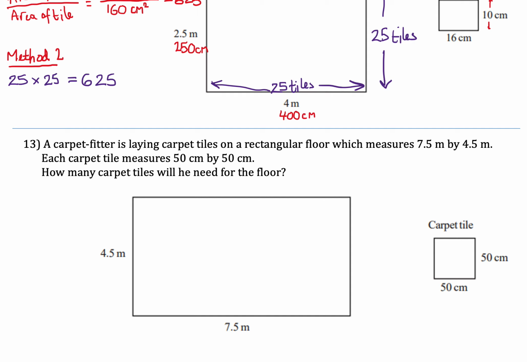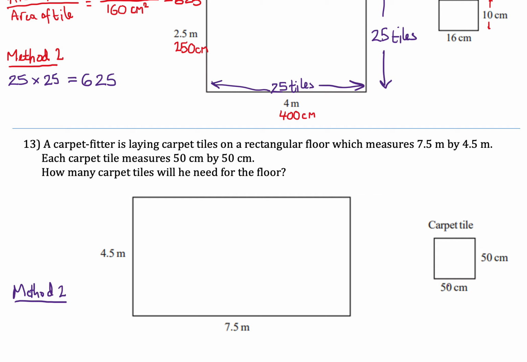Number 13. A carpet fitter is laying carpet tiles on a rectangular floor which measures 7.5 metres by 4.5 metres. Each carpet tile measures 50 by 50 centimetres. How many will he need for the floor? So I'm actually going to go straight to method 2 for this one, because I think in this case I would definitely use method 2 first off, because 50 centimetres to fit into these, to figure out how many you're going to need width-wise and length-wise, very easy.